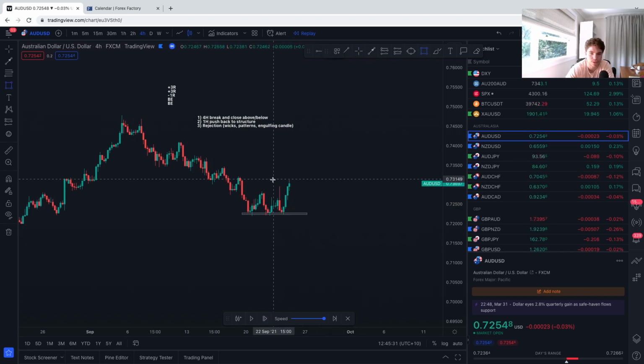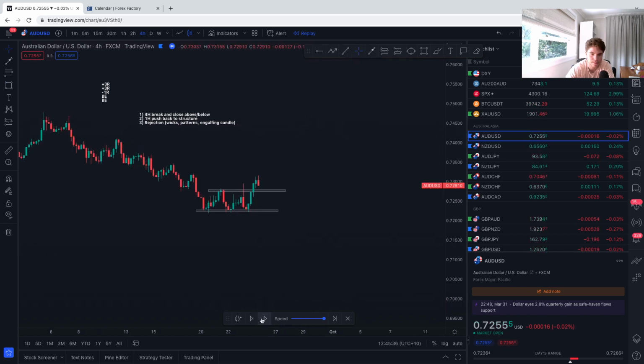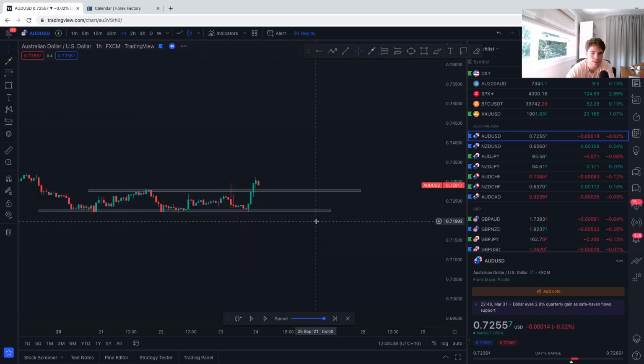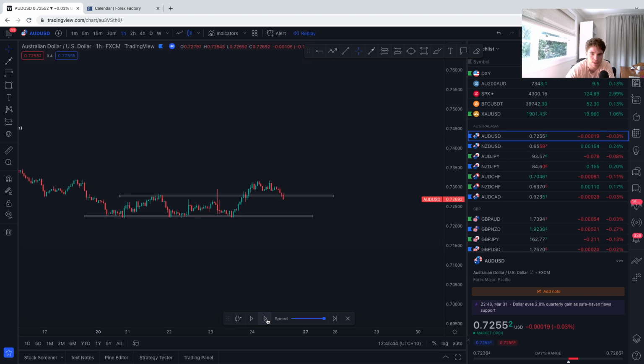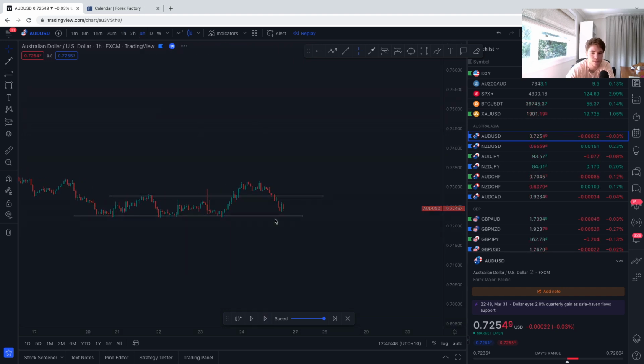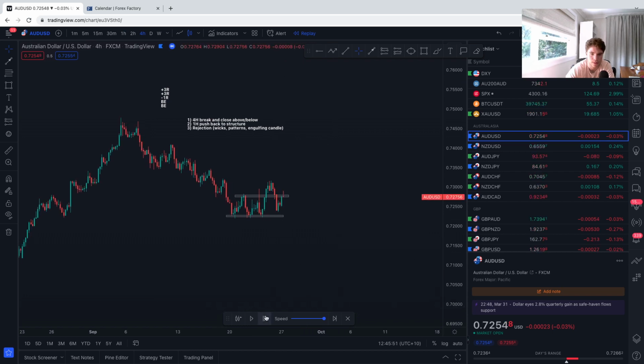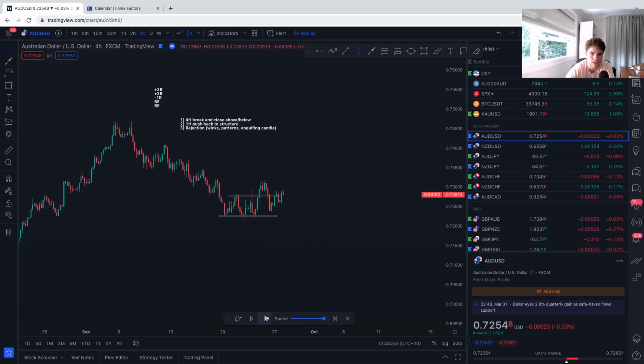Okay, broken above structure. Let's see if we push back. So we'll flip to the 1 hour. It looks like we're coming back. Again, we're going to need a double bottom because we have that structure. Nope, no rejection. So let's continue and see what happens with this.